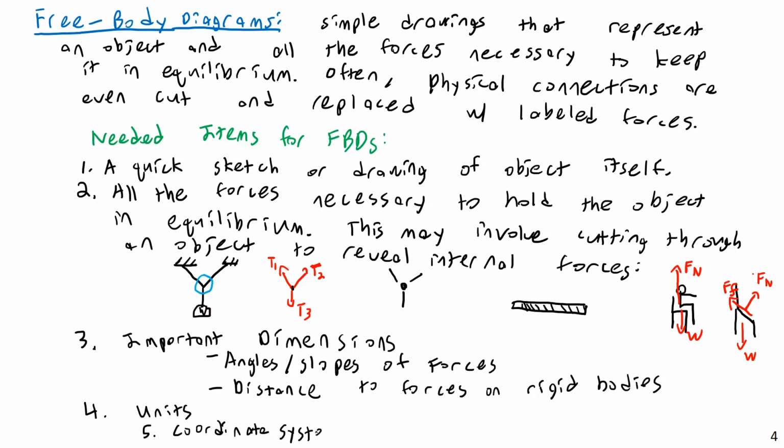Generally, whatever coordinate system you are using should be included here, and this should include the direction of the axes and the location of the origin. So if you're going to put the zero elevation so low that everything is a positive elevation, that's fine. But that should be relatively apparent from your free body diagram.